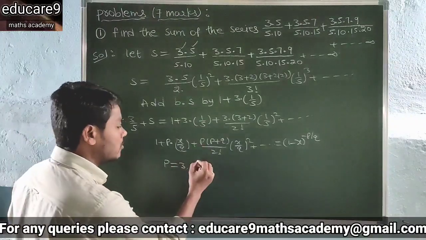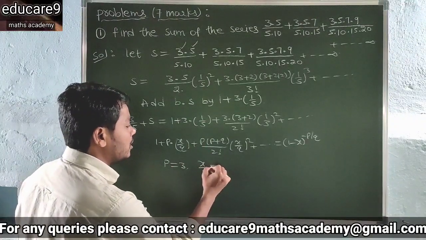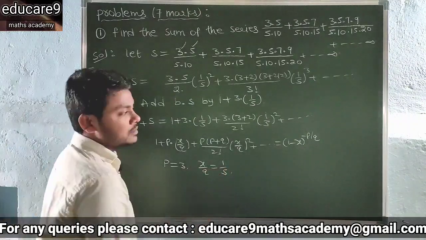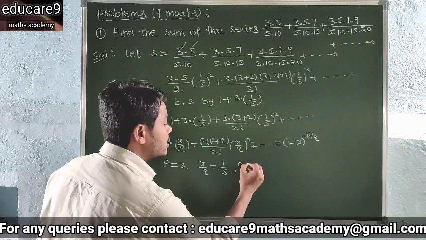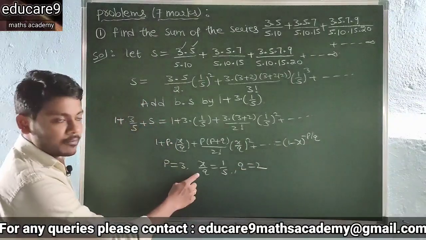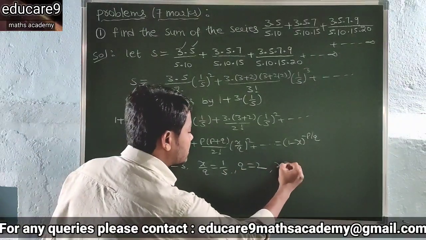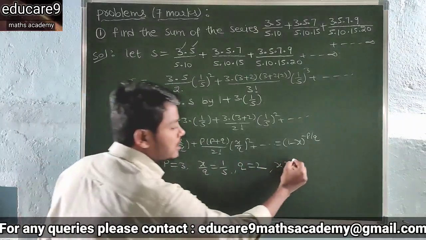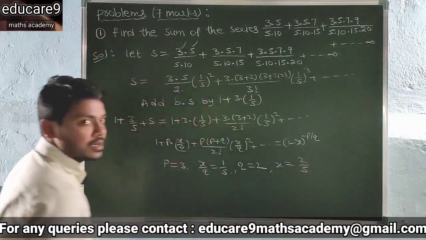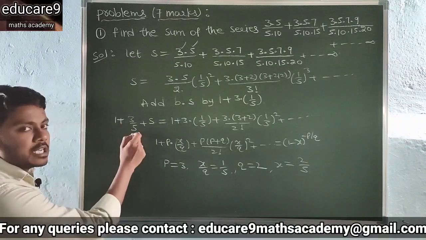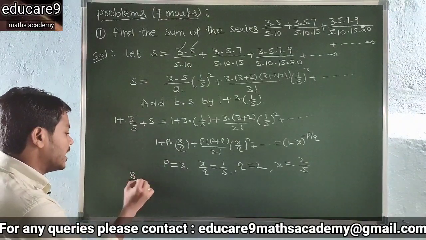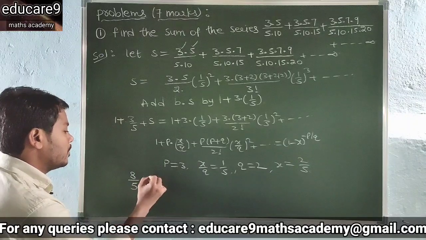Next, x by q, what is the x by q value? 1 by 5. So this is p plus q, so clearly q is equal to 2. Therefore what is the x value? X is equal to q by 5, that is 2 by 5. So this one can be written as 1 plus 3 by 5, that is 8 by 5, plus S.